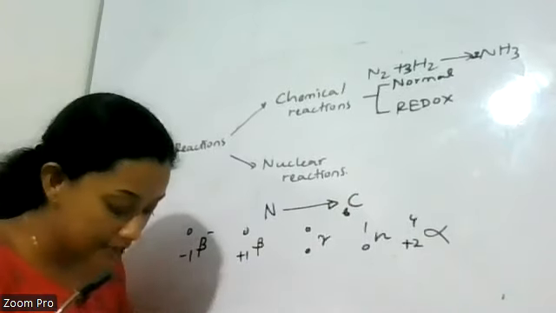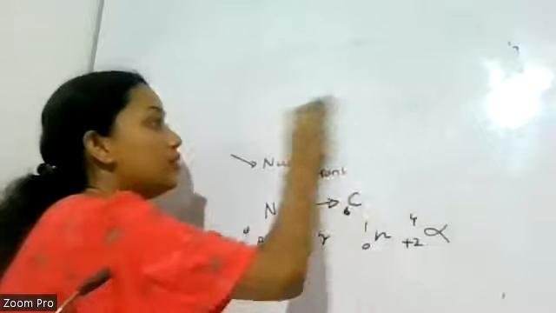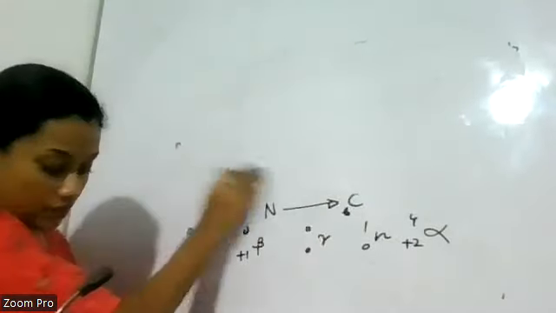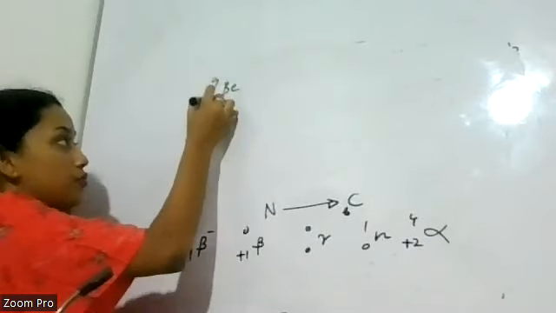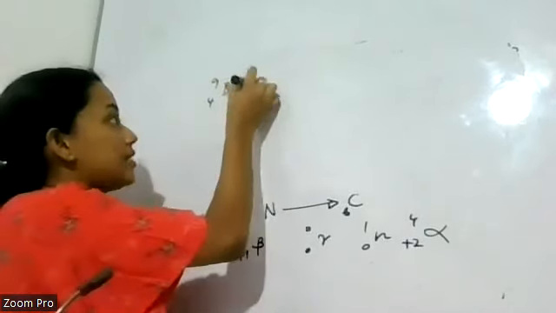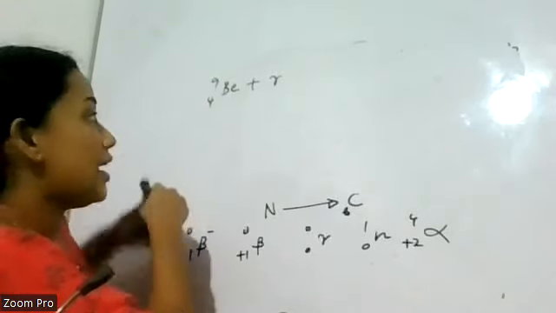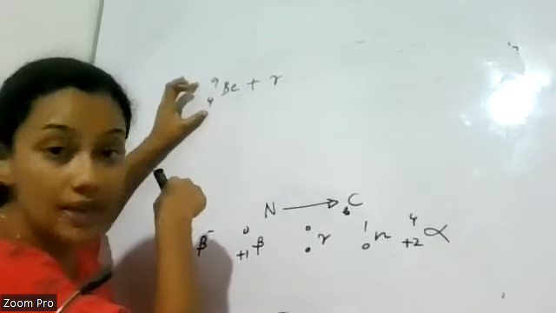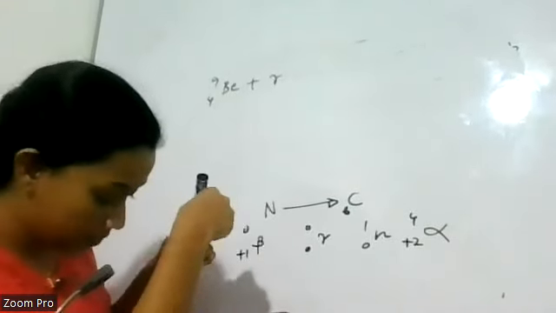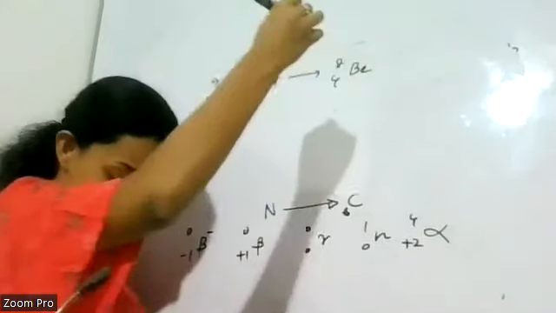Then how to balance this reaction? Beryllium 9 4 plus gamma. Here gamma is gamma absorption. Beryllium absorbs the radiation and becomes a beryllium 8 4 isotope.